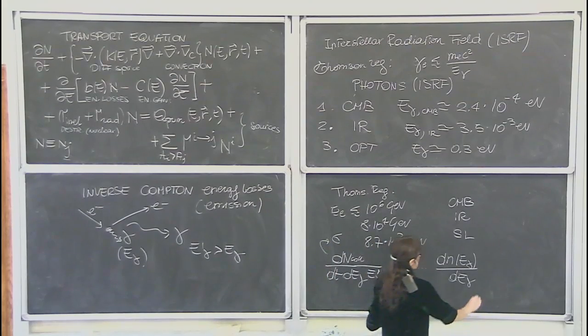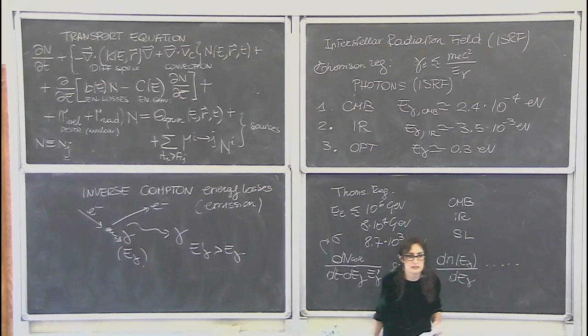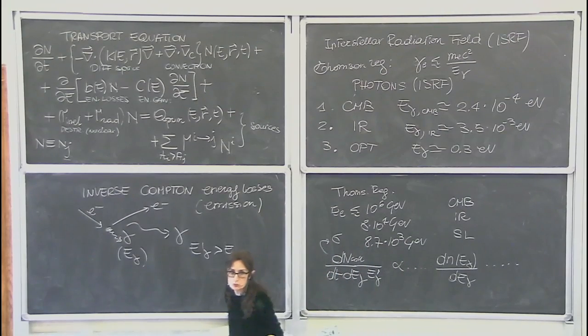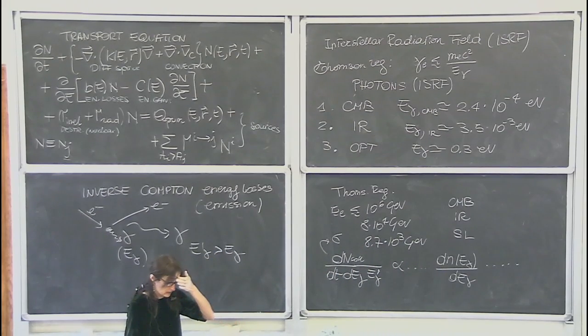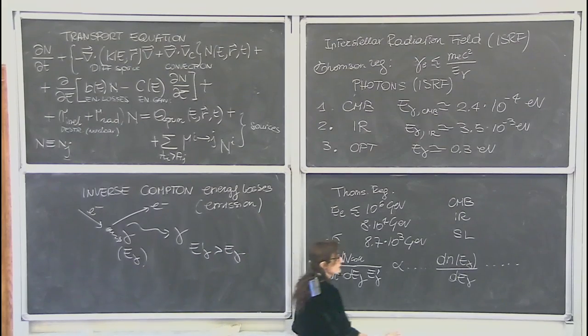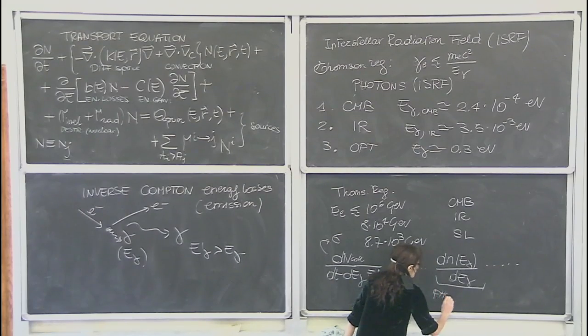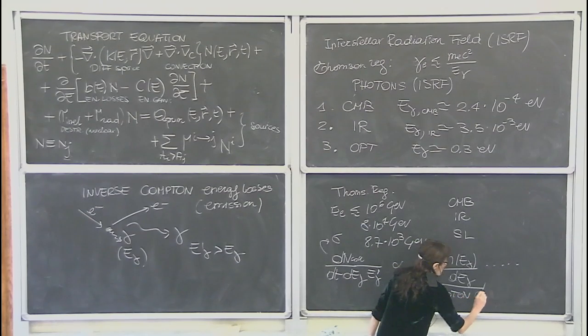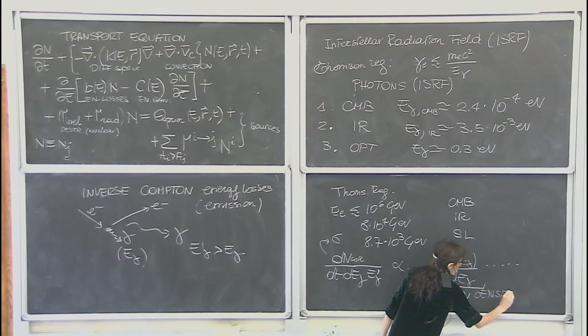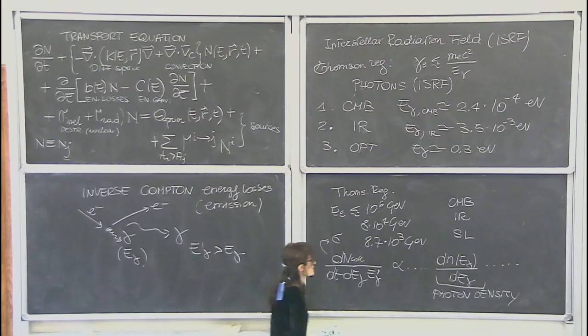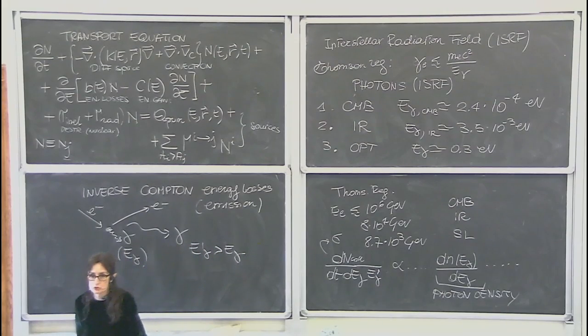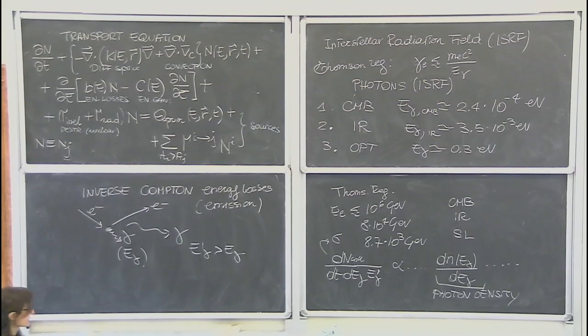And then you have energy, masses, h, c squared, c cubed, and so on and so forth. So this quantity, well, we have written omega, but anyway, is the photon density. So it is unavoidable to make cosmic ray physics without having data from many, many wavelengths.